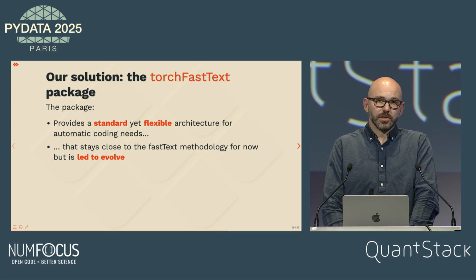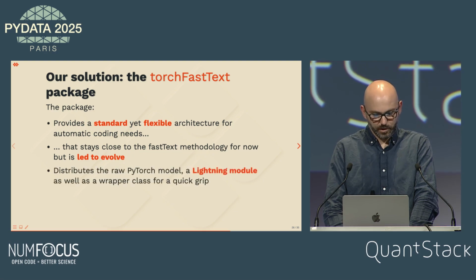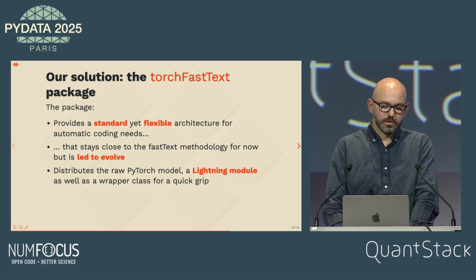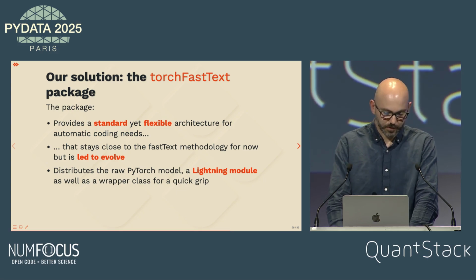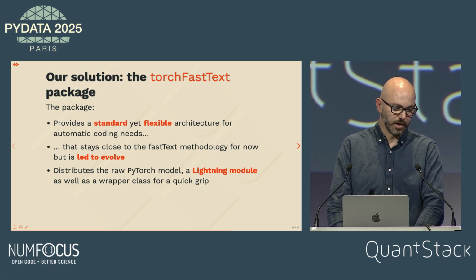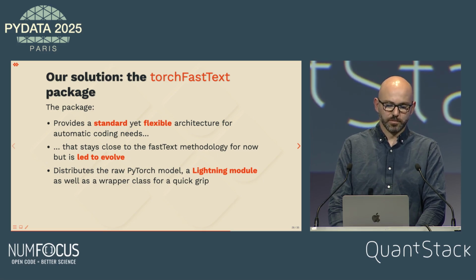The architecture is really close to the one from the fastText paper, and it distributes the raw PyTorch model and the Lightning module. So the torchFastText package is not necessary to run in production. Like Meliam said, we don't use the torchFastText model for the inference.